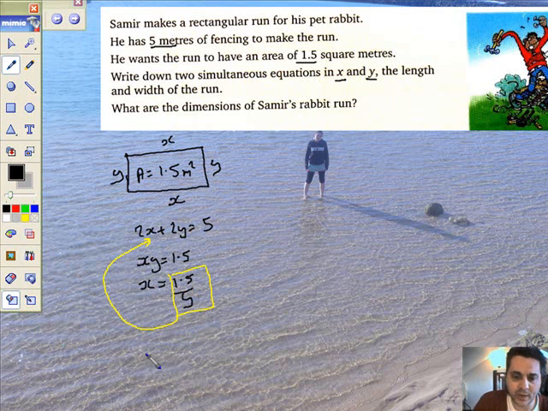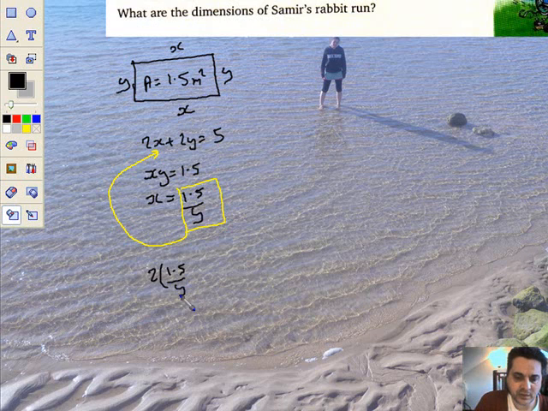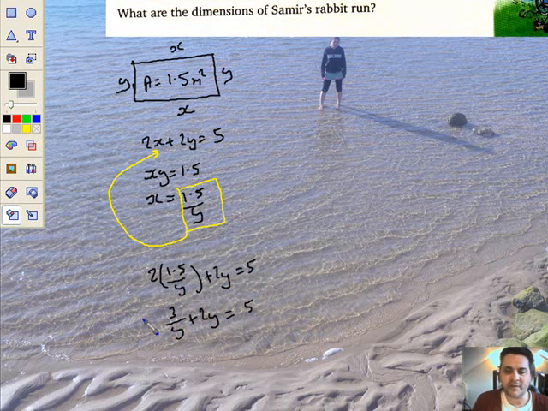So if I work down here, I've got 2 lots of 1.5 over y plus 2y comes to 5. Tidying up a little bit, I've got 3 over y plus 2y is 5. In order to get rid of this horrible y on top, I multiply everything by y throughout.